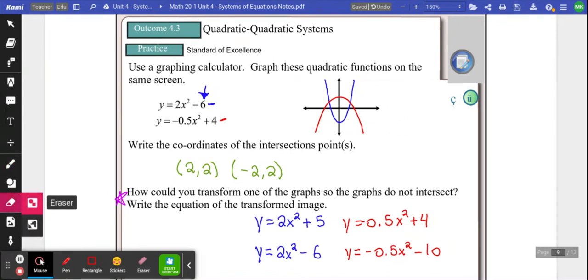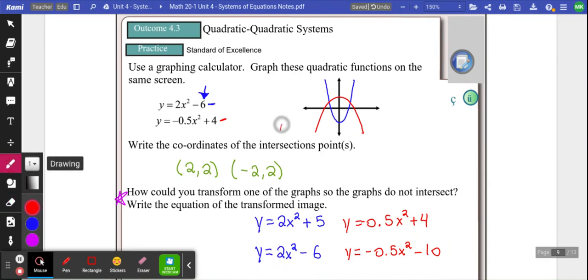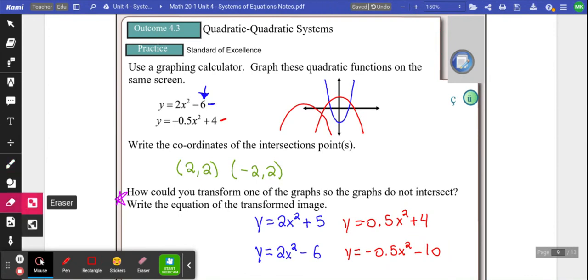You could also shift it to the left until it's like that, and you notice those graphs would never touch each other, the red and the blue. You could also do the same thing with the blue one, shift it left or right. That would work as well. In order to shift it in your equation, you would have to have those in vertex form and change the p value, right? The p moves things left or right.